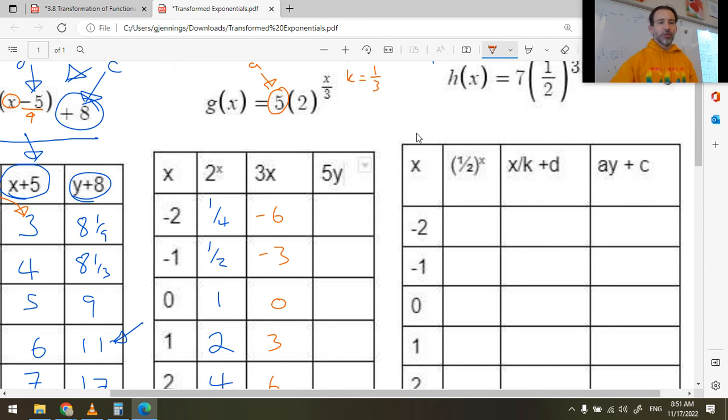Then I multiply my y values by 5. So what's 1/4 multiplied by 5? I'm going to multiply all my y values by 5 because a is 5. So 1 1/4 is good, or just write down 5/4.